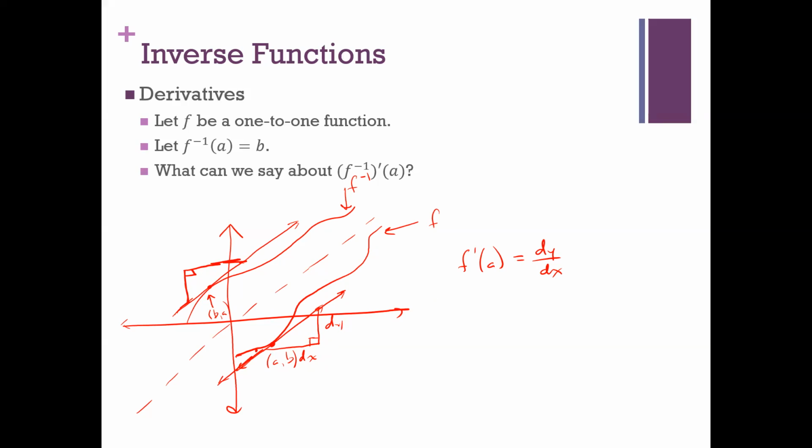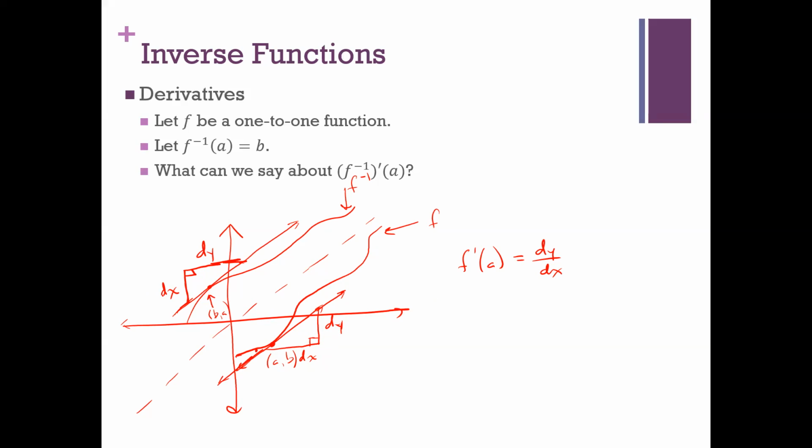It's going to be exactly the same. So this vertical part of this triangle is dy, right? So would you believe that makes the horizontal part of this triangle dy? That's true. This is called the inverse function theorem.